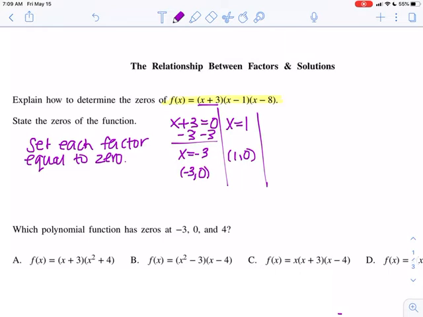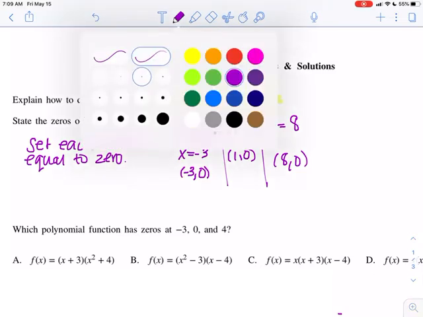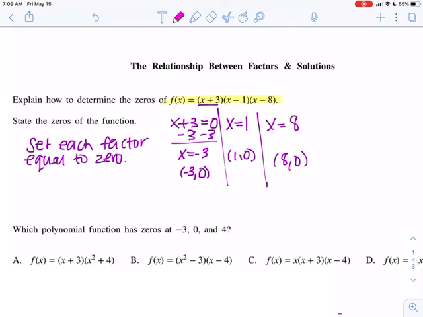Well, if I move that, I'm adding 8 to both sides, I'm going to get the inverse sign of negative 8, which is positive 8, and that's 8 comma 0. So I've stated the zeros, and I know that because I set each factor equal to 0. Okay? The key part of that relationship was that it's the inverse sign.